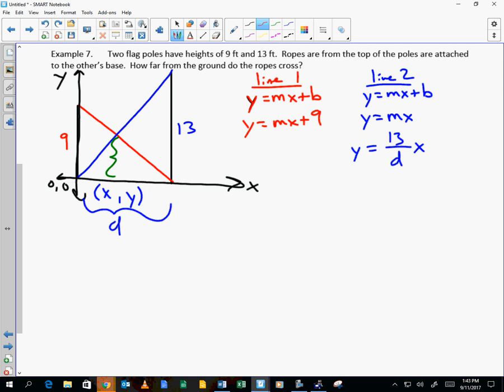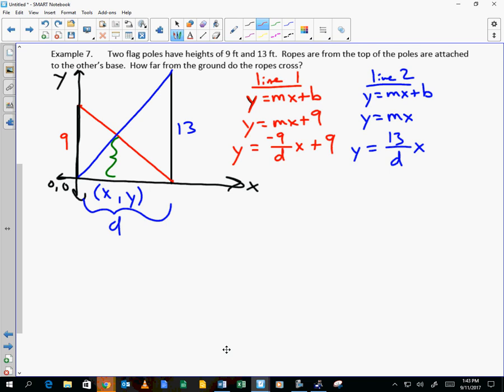Slope. What do I rise to get from here to here? -9, right? And my run is d. So y equals -9 over d times x plus 9. I now have an equation for 2 lines.